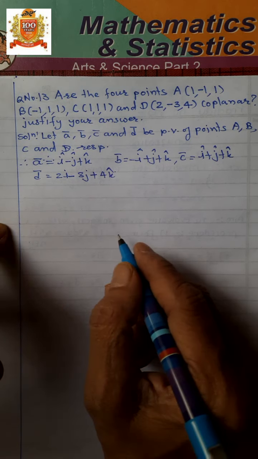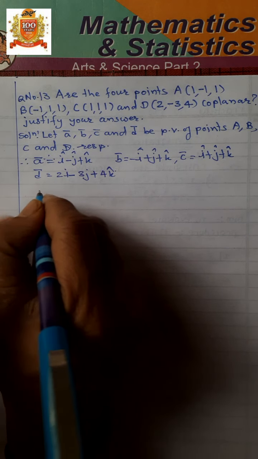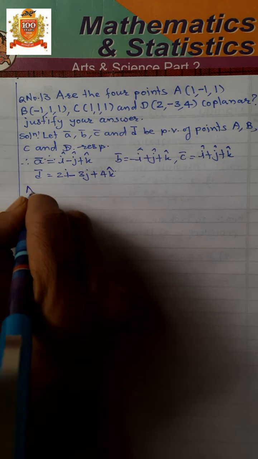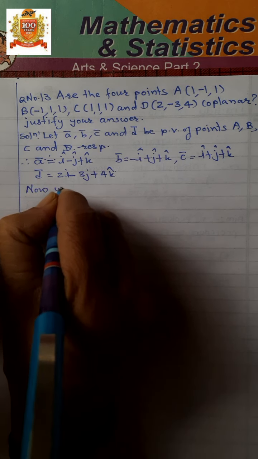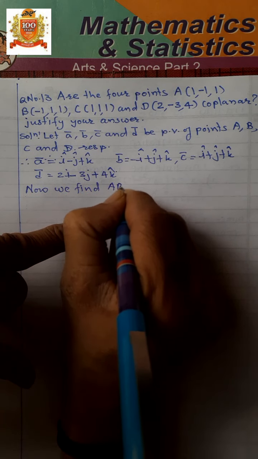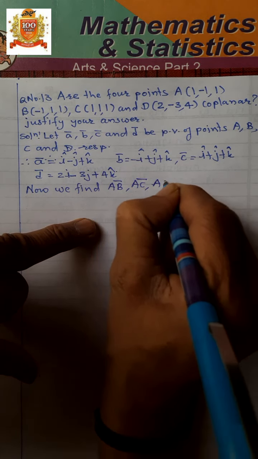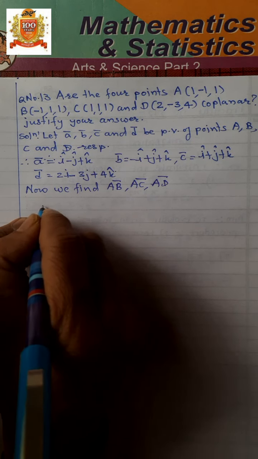Now we find AB bar, AC bar and AD bar one by one.